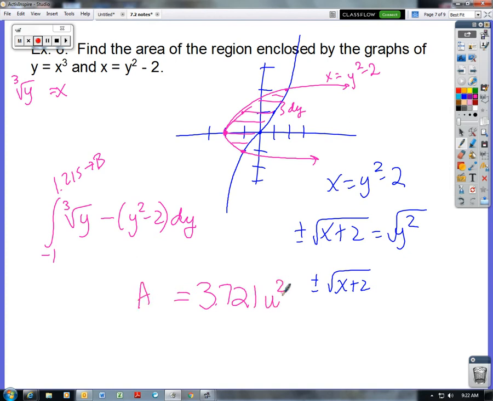I kind of look at it to make sure it looks reasonable. Here there's 1, this is like 2, 3 here. I'm thinking it's going to be a lot bigger than 3.721.